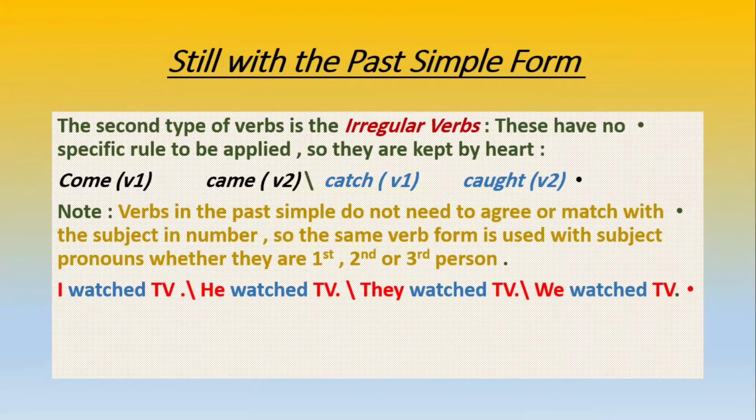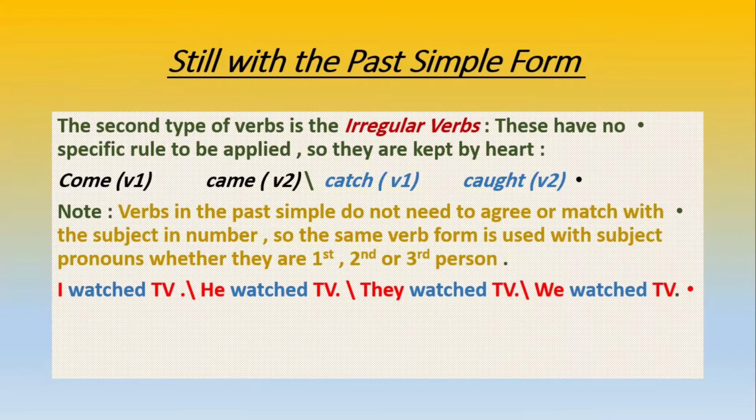So I can say, for example, I watched TV, he watched TV, they watched it, we watched it. Look at watched: the verb is still the same form, no change, whether we have singular I or plural we, first person I or second person you or third person he or they.